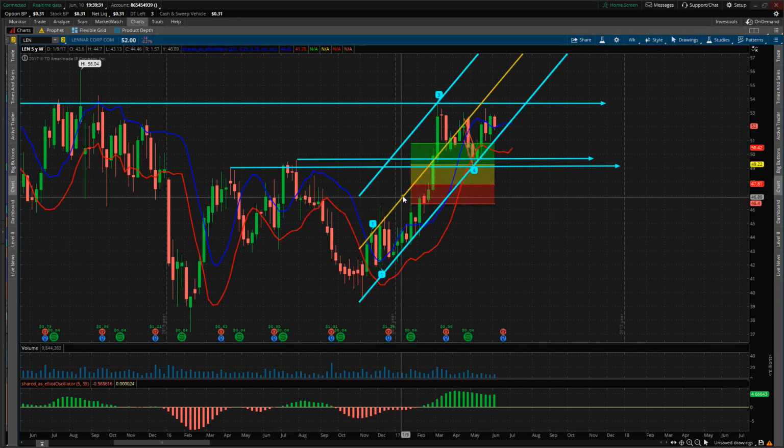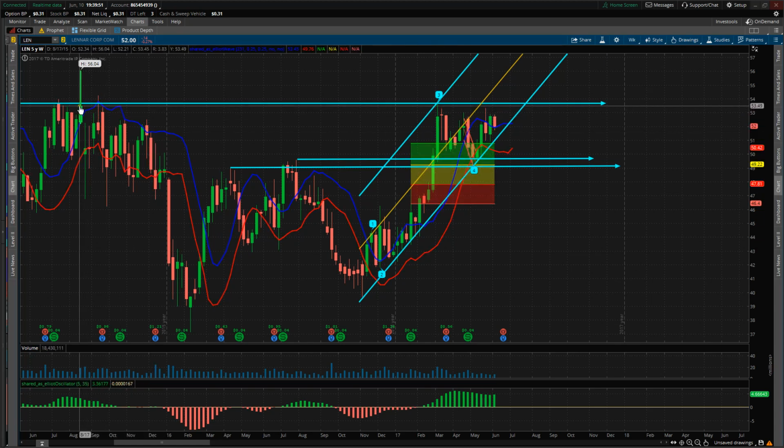I've drawn this channel here. Again, you can see the low point of this channel really acting as support here. We've taken in the high point of wave 3, but more importantly, this center line here acting as resistance here and here. So quite a good channel.